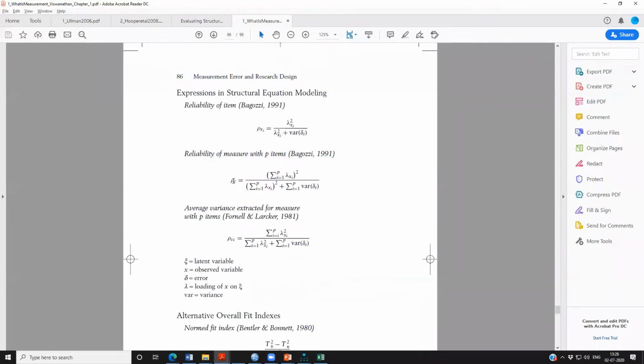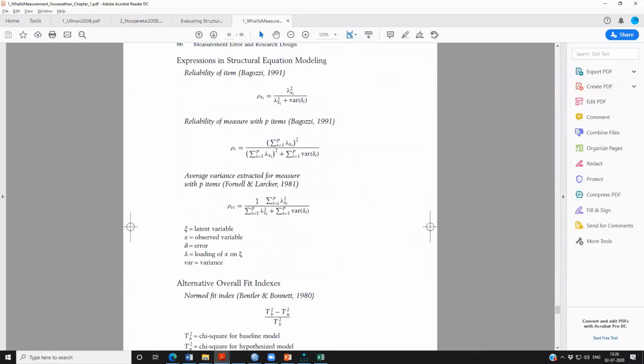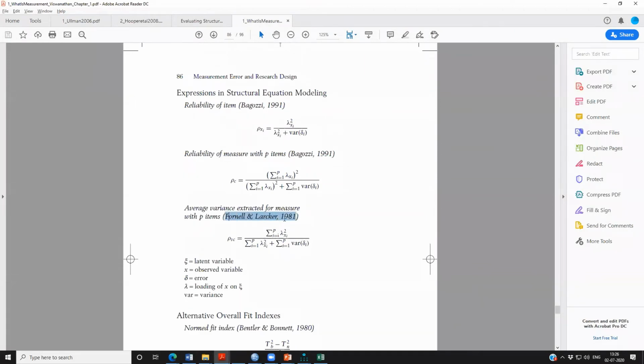This is composite reliability, the formula that we did. And average variance extracted with rho: summation of lambda square divided by the sum of lambda square plus error, which comes out to be the same formula that we did. He has also cited Fornell and Larcker 1980. This is the paper that I just showed you.